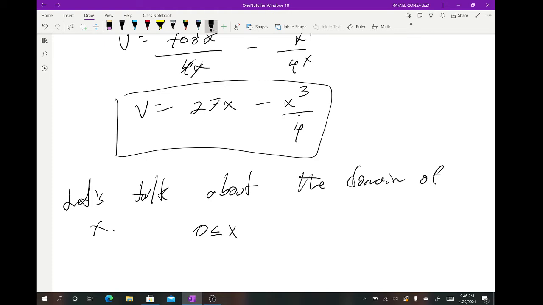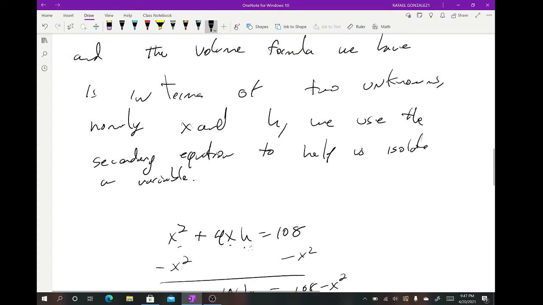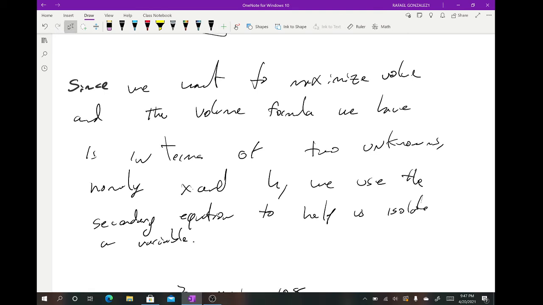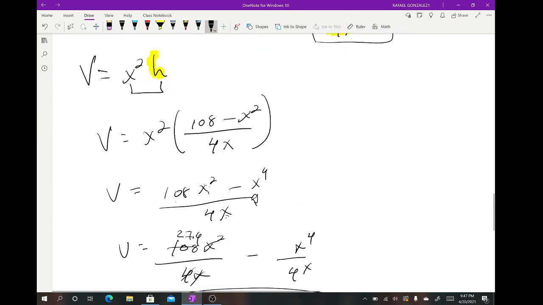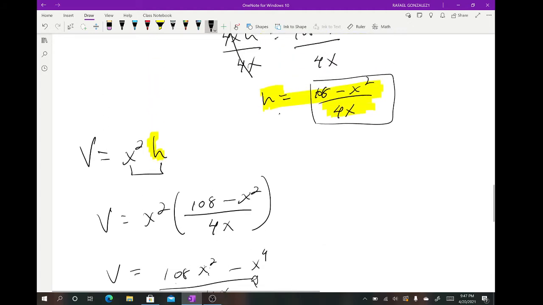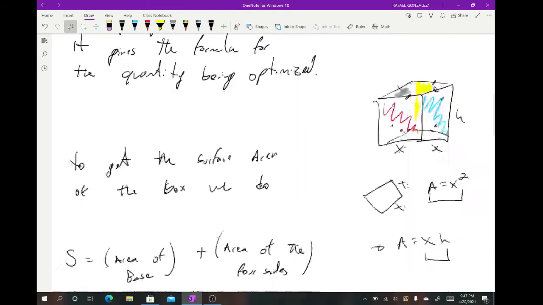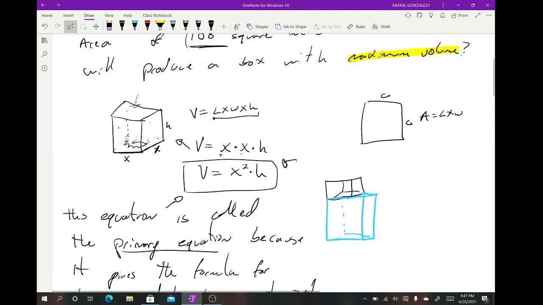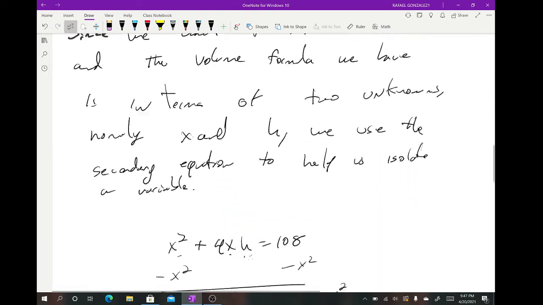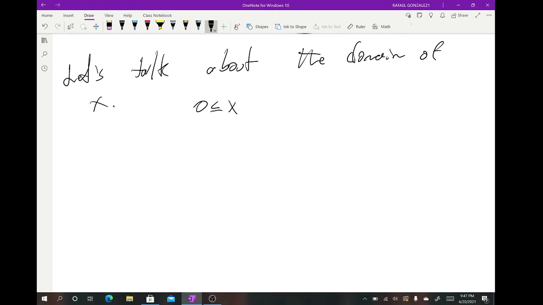Now, we know that the area of the base is x squared. We got that all the way up there. And not only do we know that the area of the base is x squared, but we want the surface area to be at most 108 square inches.